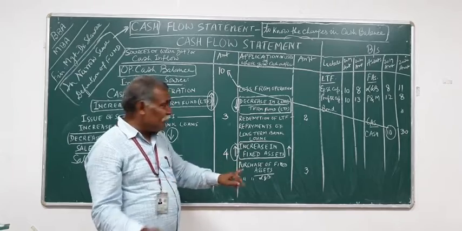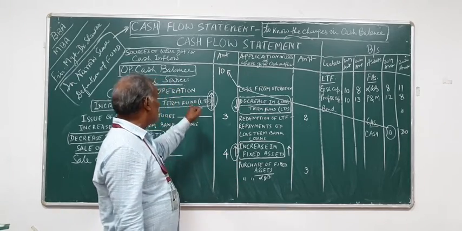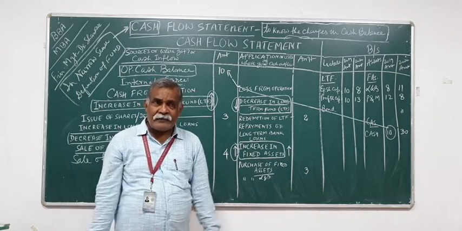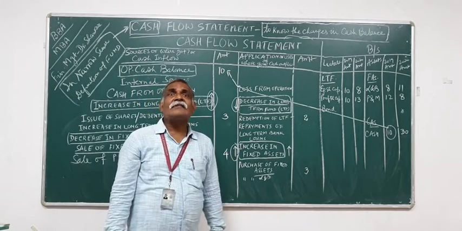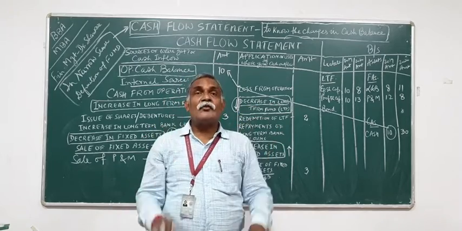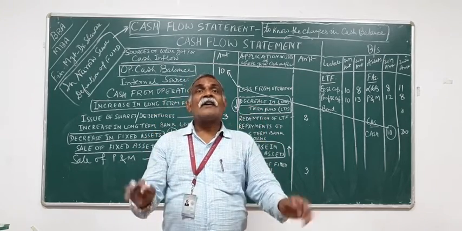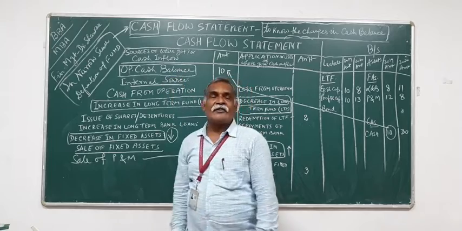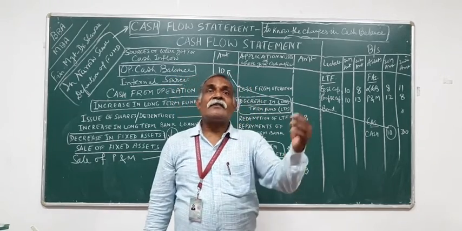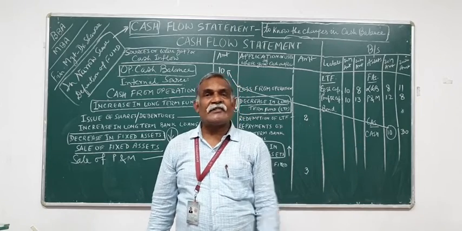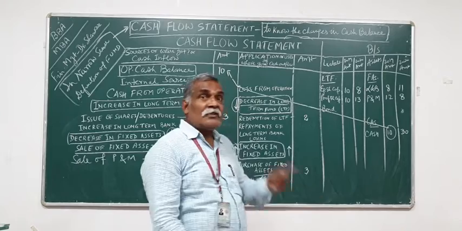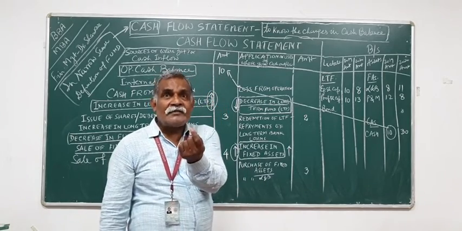All you have seen. And current assets and current liabilities you have already considered in fund from operation. In fund from operation you have already included that change, increase or decrease in current assets and current liabilities. Is that clear?